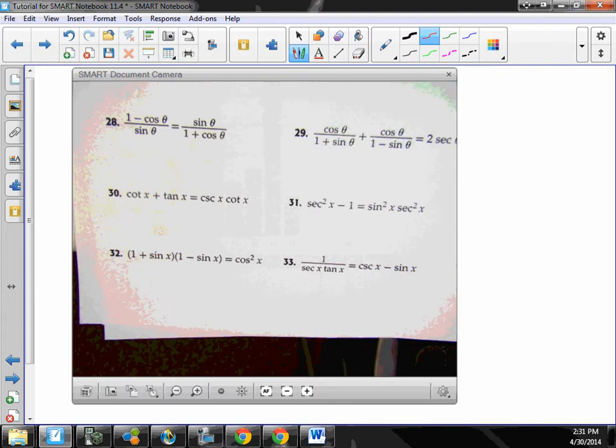Let's do 30. I'm going to pick the left side for no real reason. They look equally easy in my book. What would you do with those? Just convert to sines and cosines. Cosine over sine plus sine over cosine.